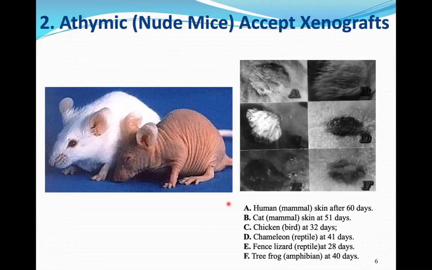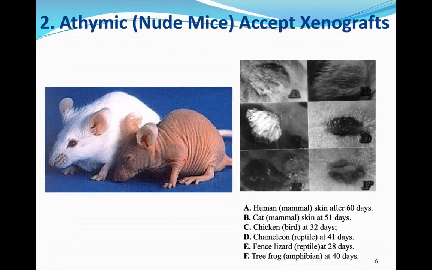And then another level of indication that rejection lay with the immune system, particularly T lymphocytes, is the fact, and I've told you about this before, that through genetic engineering, we can create these so-called nude mice which don't have a thymus.